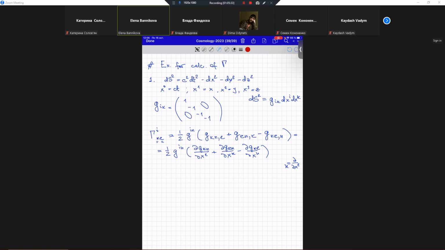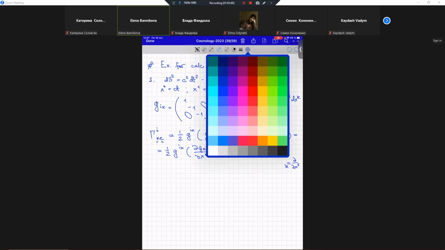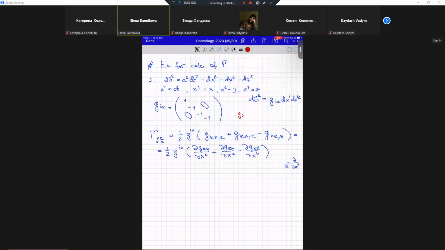For Minkowski space, you can immediately see that since all components of the metric tensor are constant, but here we have derivatives, it's understandable that all Christoffel symbols equal 0 for this Minkowski space.